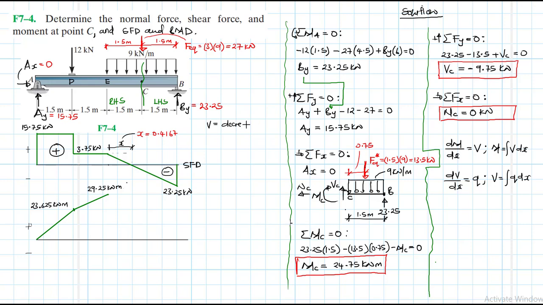Right, let's continue. So we have shear, which is decreasing, and this slope is negative, so it is decreasing linearly from 3.75 to 0. Therefore, we expect the slope of our moment, dM/dx, to also be decreasing.